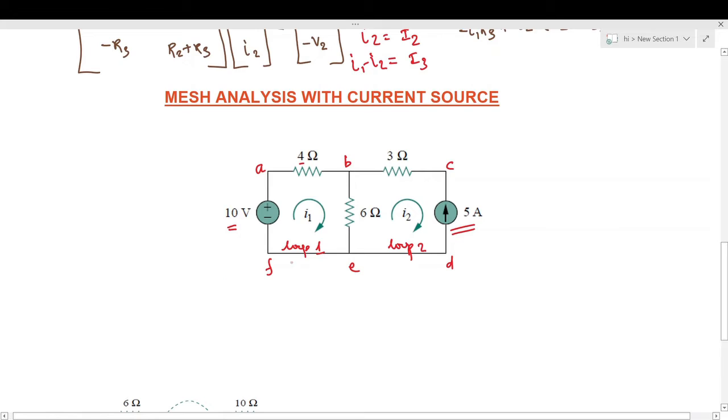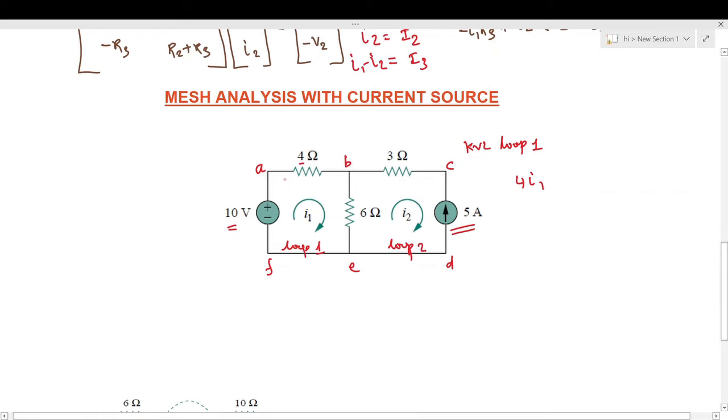As per KVL, when we are applying KVL to loop 1, we can say that 4 I1 is the voltage drop across the 4 ohm resistor. We don't know the value of current flowing through it, so the mesh current is I1 and the arrow direction is as shown in the diagram.